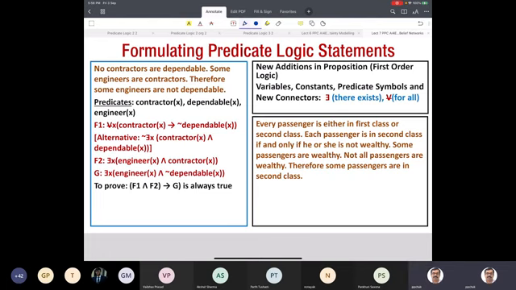Introducing probabilities in predicate logic and applying it to economics is another very open and interesting problem, but that is out of scope for our current module.